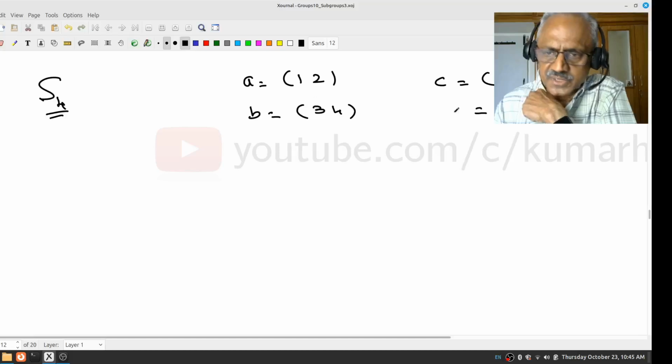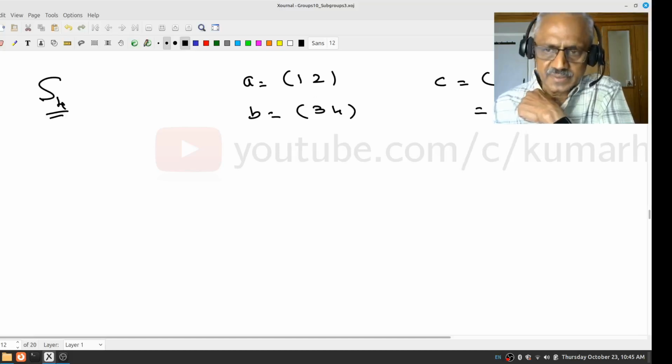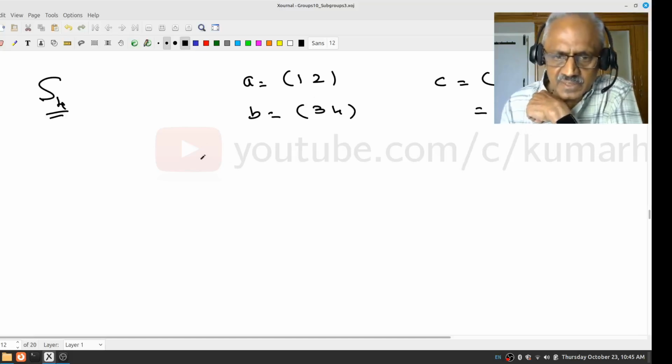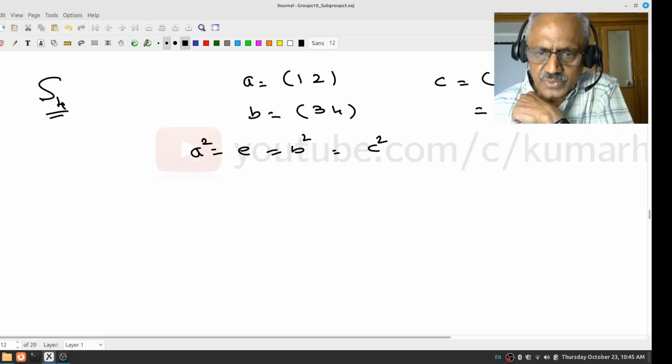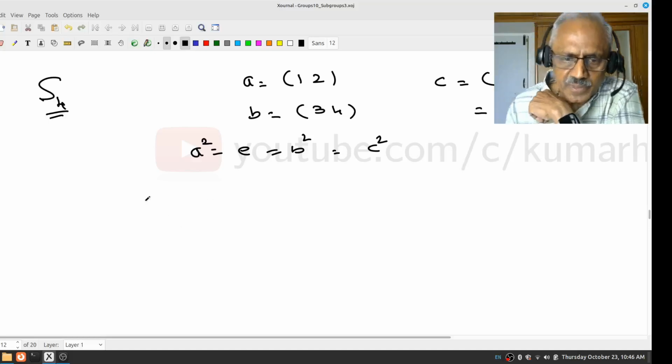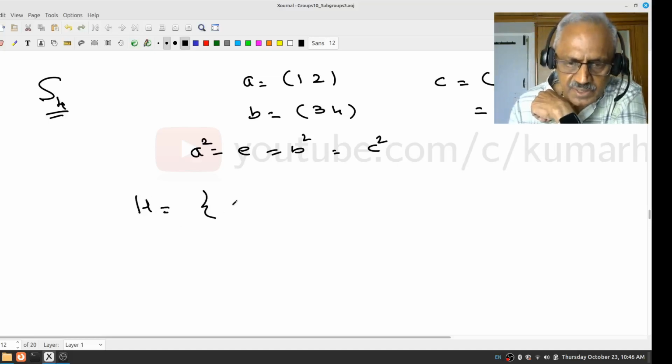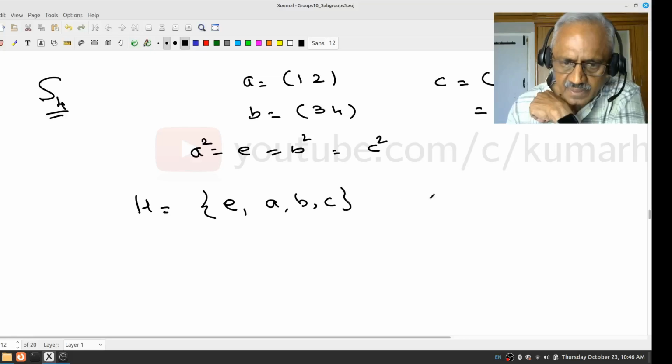Since these are disjoint cycles, AB is the same as BA. And since these are all transpositions, A squared is identity, B squared is also identity, and C squared is also identity.